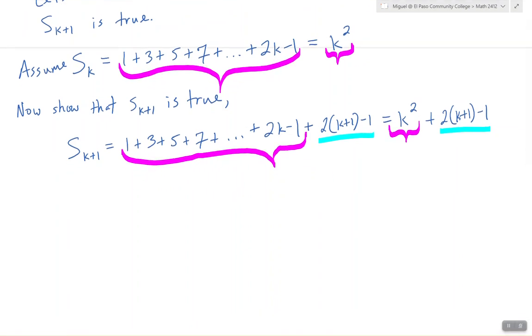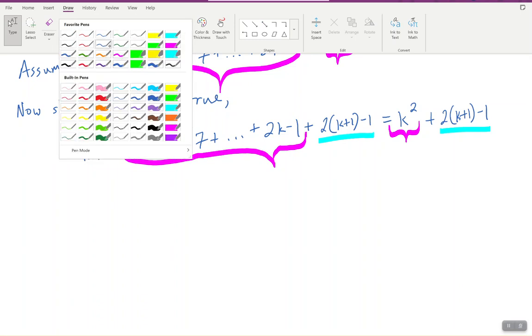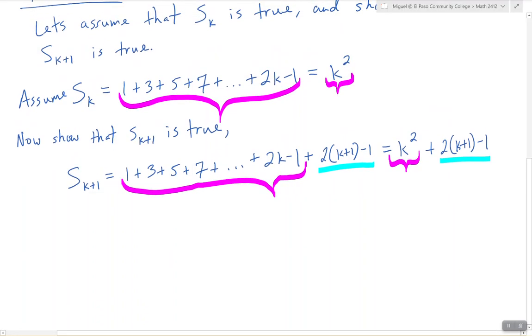Now, in order to prove that this is going to work for all n's, all k's, what we're going to do now is work with that right side and see if we can get something that looks like this, but it'll be one higher. Okay.